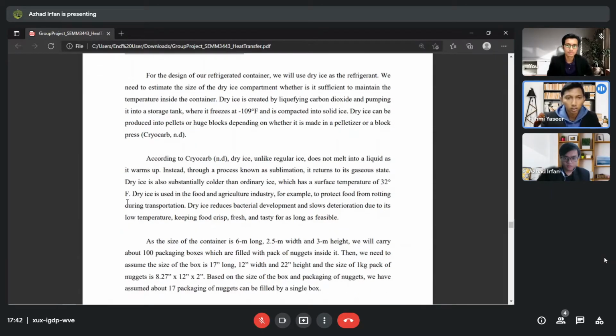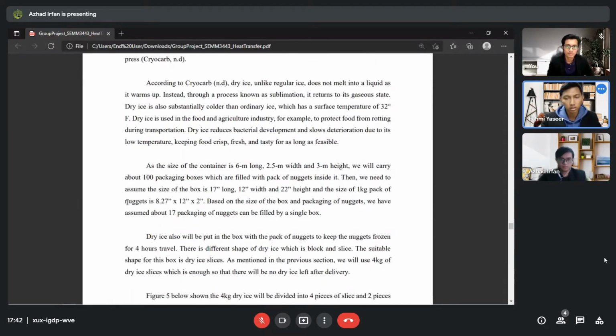So for this case, we use about 100 packaging boxes which are filled with a pack of nuggets inside the container. As mentioned before, we use the nugget for our delivery good. So the size of the box, we assume is about 17-inch long, 12-inch width, and 22-inch height.